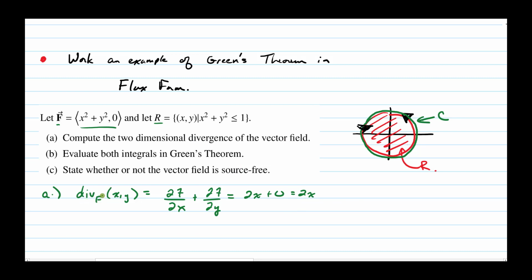Notice this is saying that the divergence will be positive if the x-coordinate is positive. Meaning, if the point is to the right of the y-axis, that point will behave as if it were a source. Likewise, if the x-coordinate is negative, meaning we are to the left of the y-axis, then the point will behave as if it were a sink.